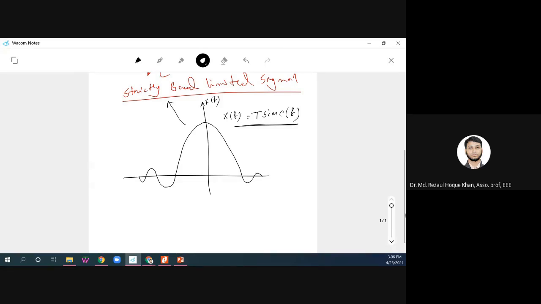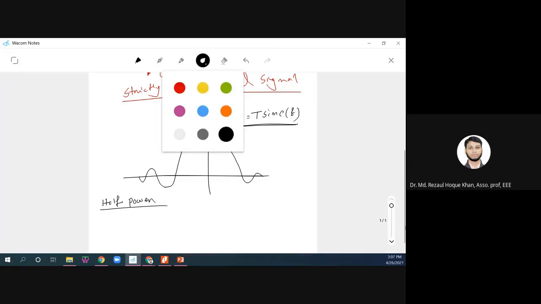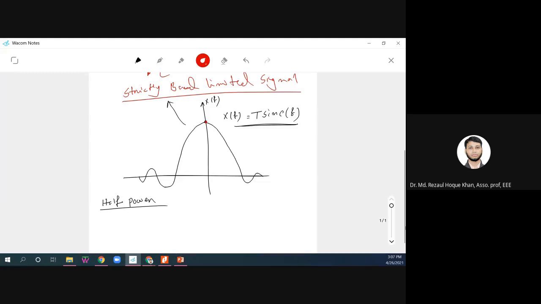There are several definitions. One of the definitions is called half power. What is half power? Half power means, here is the maximum power, for example, the maximum power of this signal. Half power is here, if we go to the 3 dB, or we call it minus 3 dB.